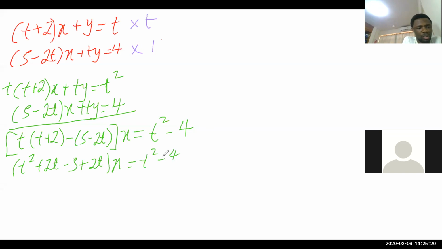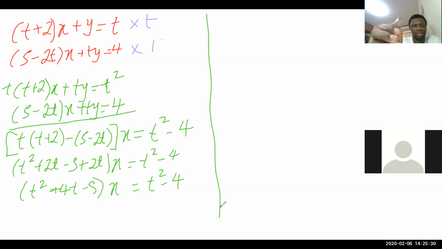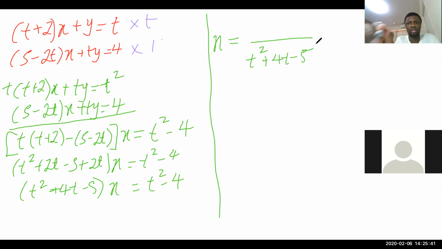So this is simply (t squared plus 4t minus 5)x equals t squared minus 4. So on the other side, x equals (t squared minus 4) over (t squared plus 4t minus 5). Yeah, so this is x. So what do we do from here?